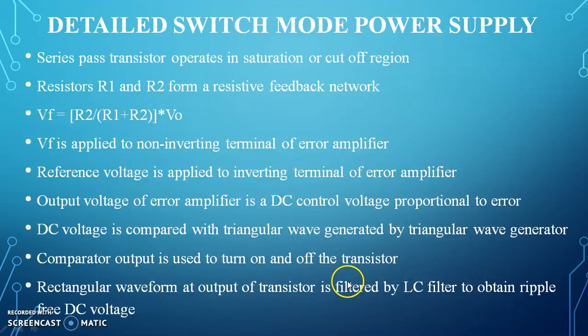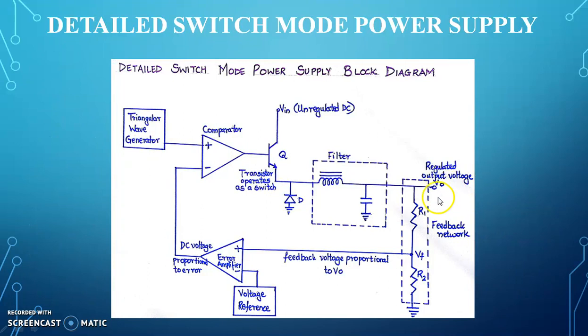Now if the output voltage is less than the required voltage, then VF, which is equal to R2 upon R1 plus R2 times VO, will also be less, and it is given to the non-inverting terminal of the comparator. The reference is given to the inverting terminal of the comparator, and we are getting a lower value of the DC signal.